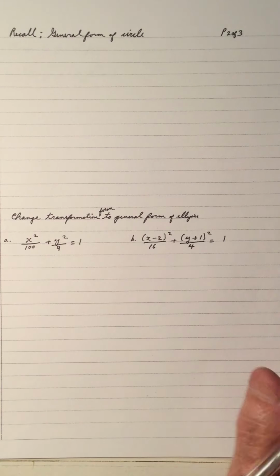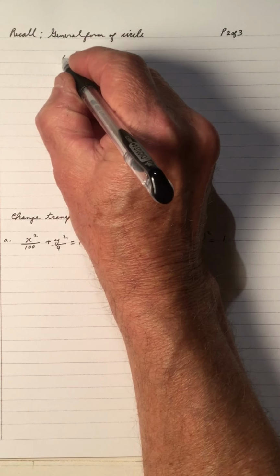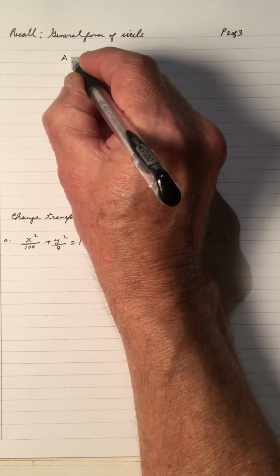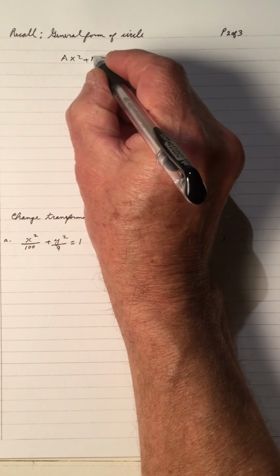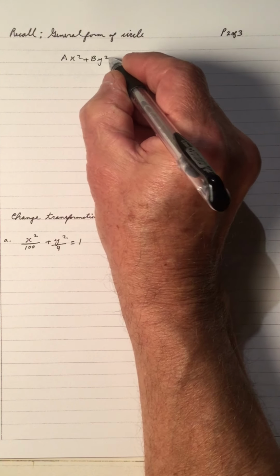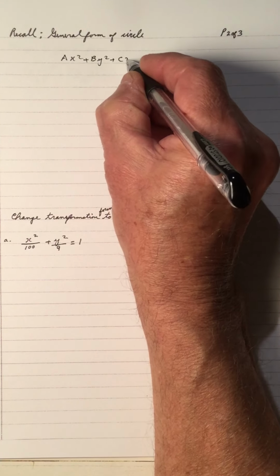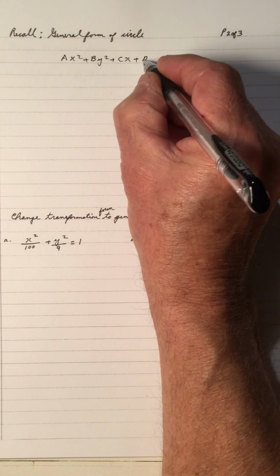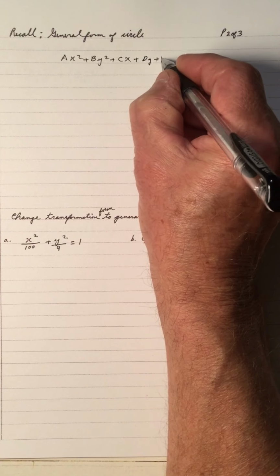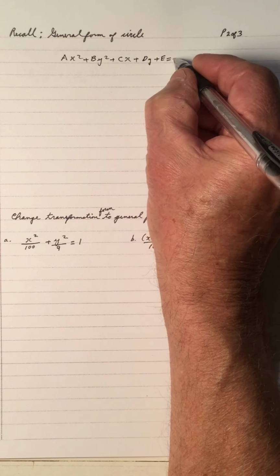Recall the general form of a circle. A circle is ax squared plus by squared plus cx plus dy plus e equals 0.